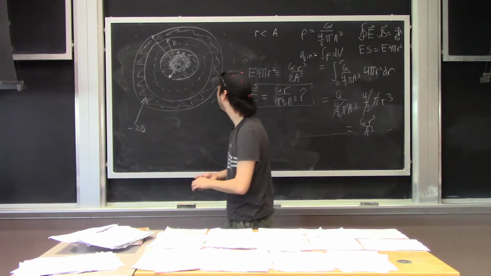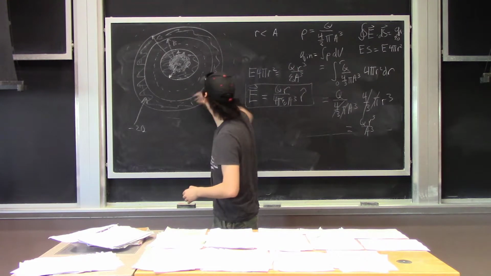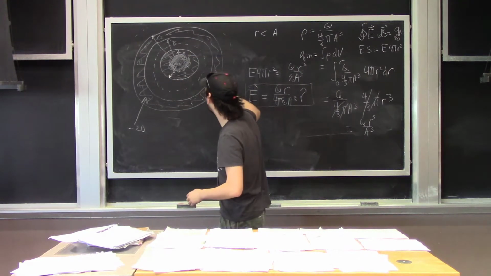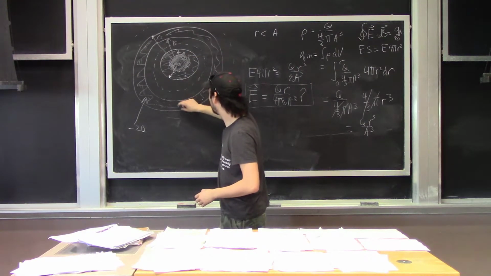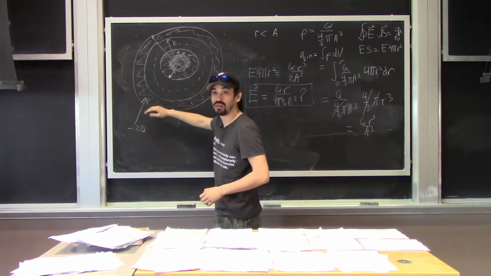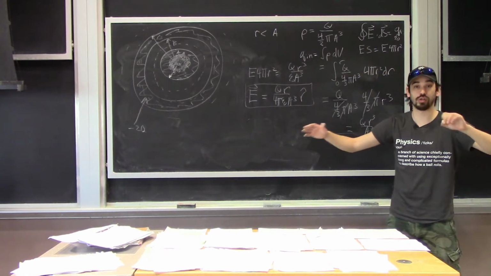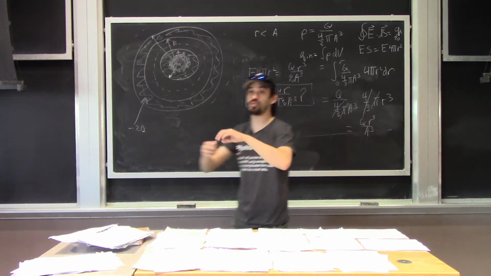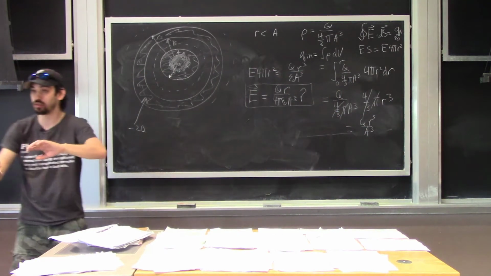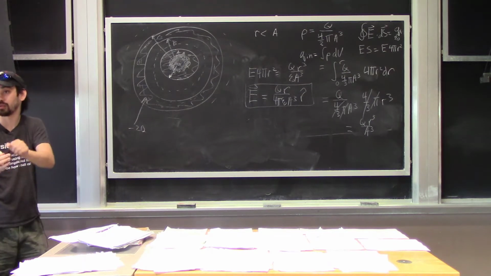And so what's going to happen is, because the electric field is 0 on the inside of the conductor, charge is going to rearrange itself to be on the surface. So conductors always have charge on the surface. Insulators can have charges inside and distributed in different ways. But for conductors, it's always going to be on the surface.